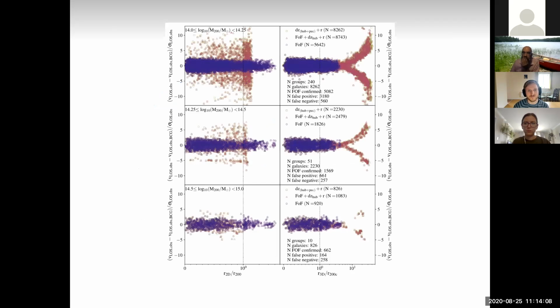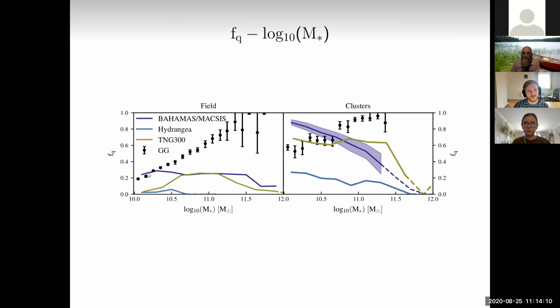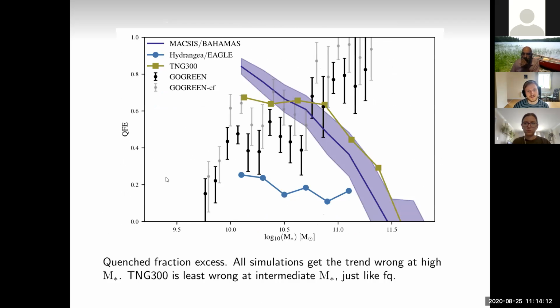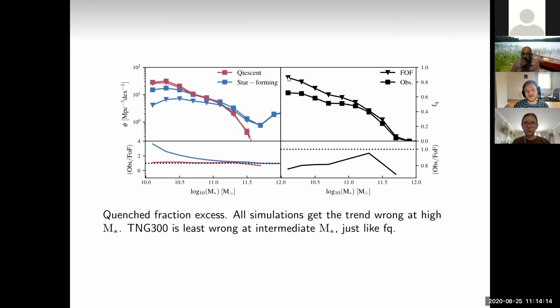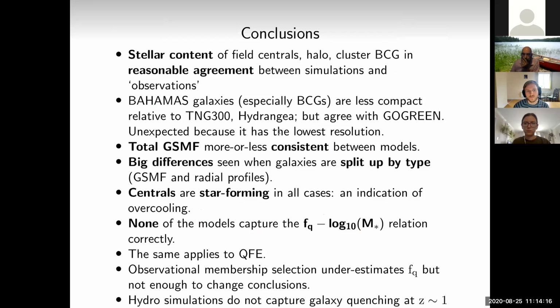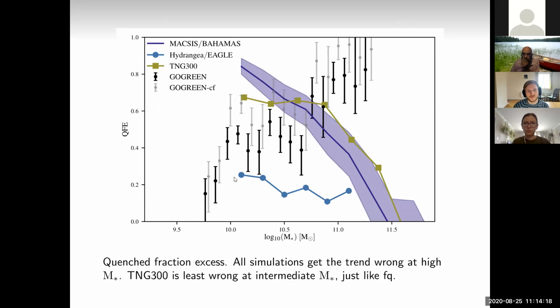And that has the effect of changing the quench fraction, just a bit, actually, making it lower. But when you look at quench fraction excess, the gray points here, it doesn't actually change the final result.